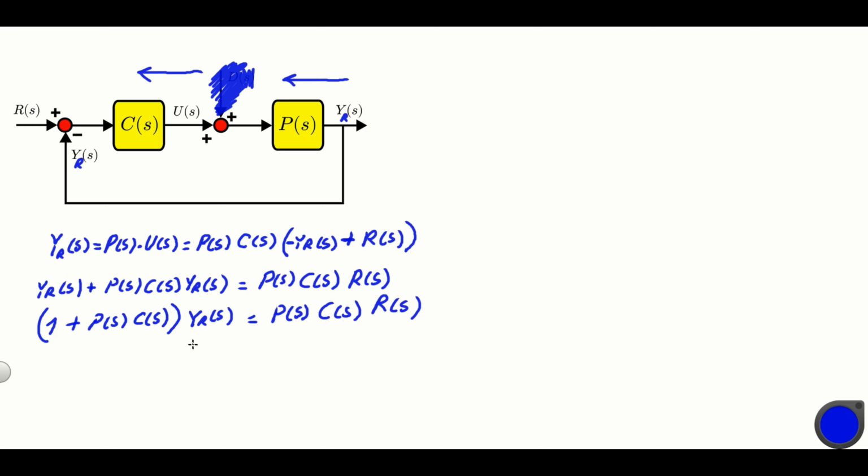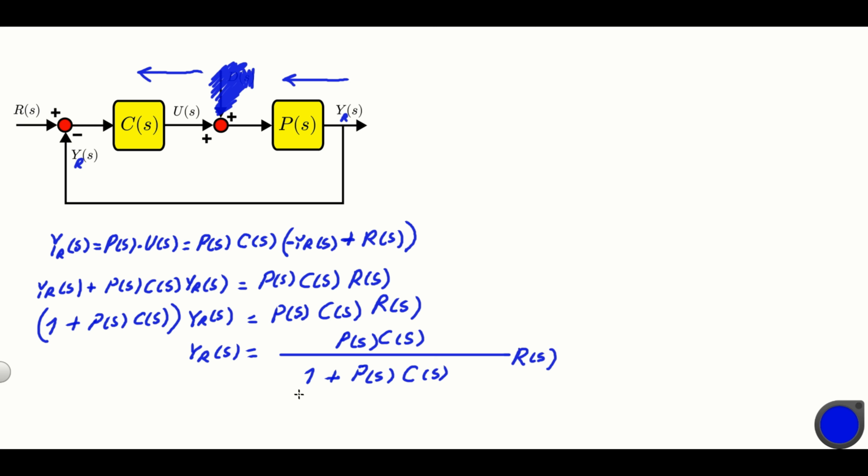And then finally from here we have that y_r of s is equal to, in the numerator, p of s, c of s, and in the denominator 1 plus p of s, c of s, and don't forget r of s. Good. So this is y_r.